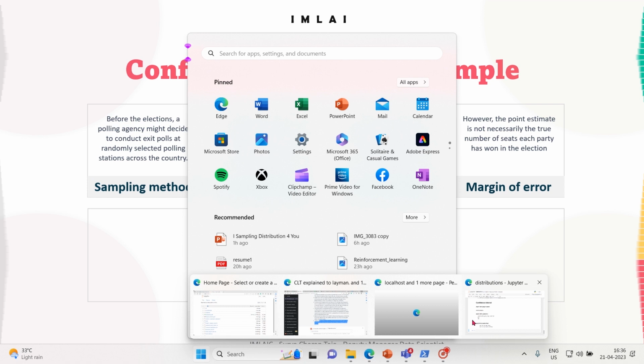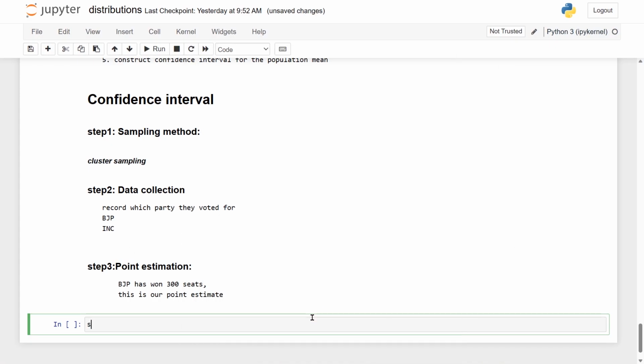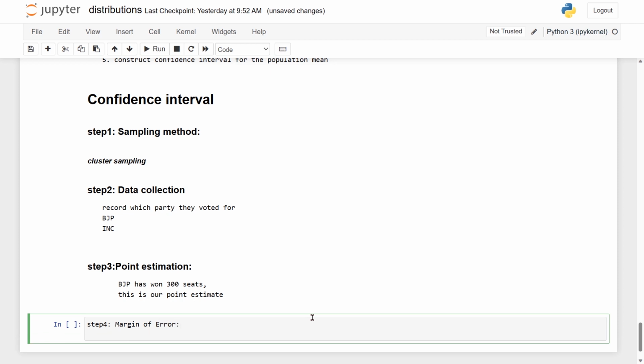That's what we'll take. So in step 4, margin of error, the margin of error for BJP seats is 10 seats. Just 10 seats.